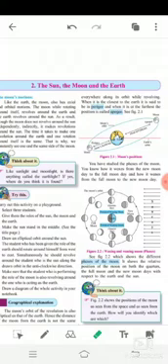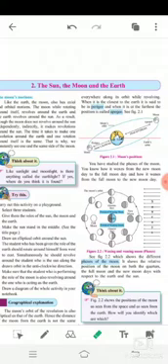Now, geographical explanation. The moon's orbit of revolution is elliptical, as is that of the earth, hence the distance of the moon from the earth is not the same everywhere along its orbit.